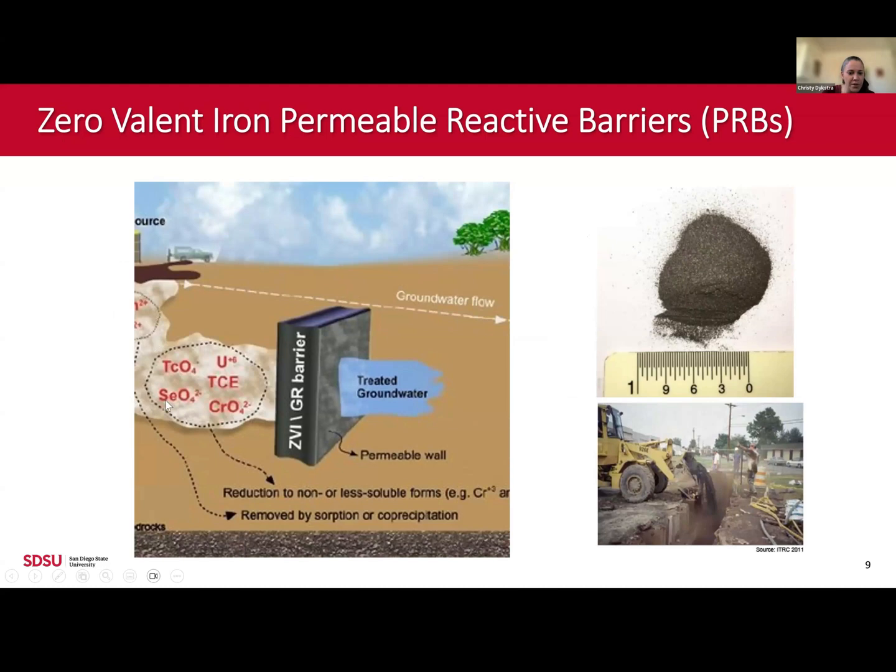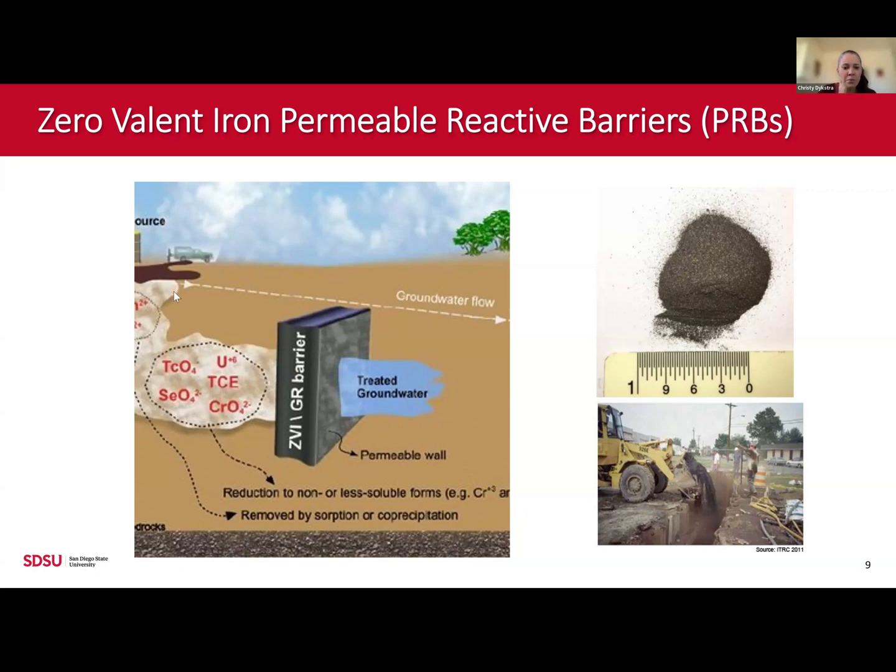What we do is we first see that there's this plume right here, and it has a bunch of things in it that can be removed, or let's call it decomposed, by using a reduction technique, meaning they are going to be accepting electrons, and that will help them either decompose into something less toxic or turn into something that's not as mobile in the environment.